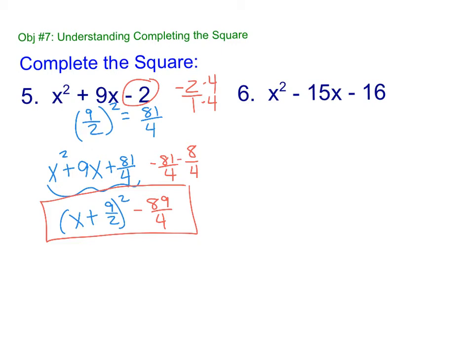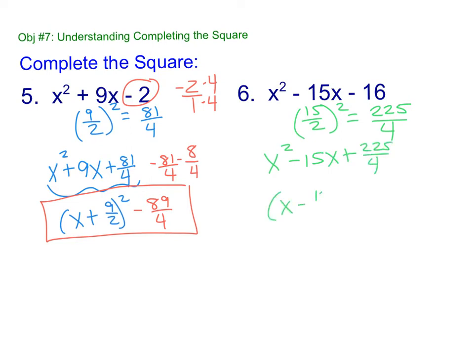All right. Pause the video. Try 6 on your own. So we have 15 over 2, and then we square it. 225 over 4. Notice I don't worry about the negative because we're going to square it anyway, so it doesn't matter. So x squared minus 15x plus 225 over 4, which is (x minus 15 over 2) quantity squared.